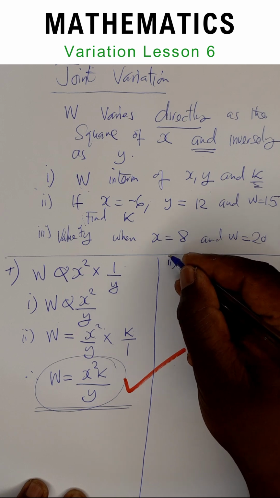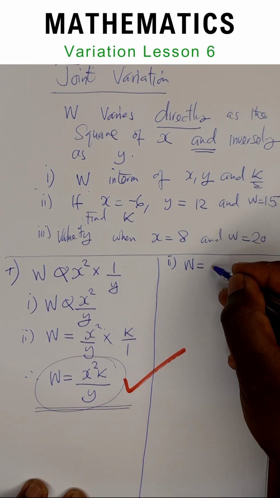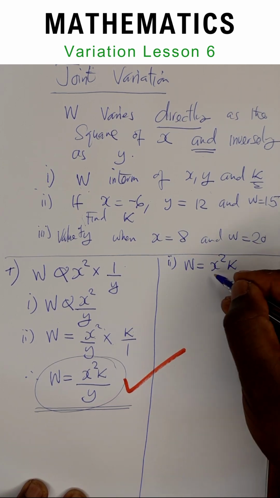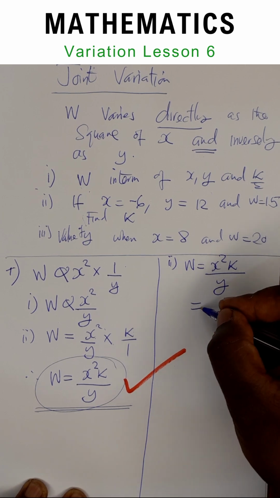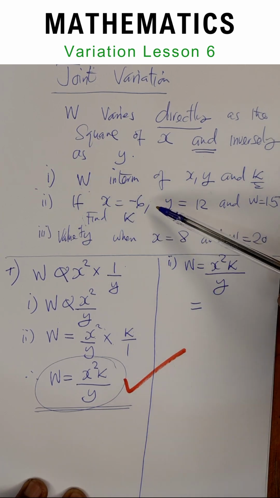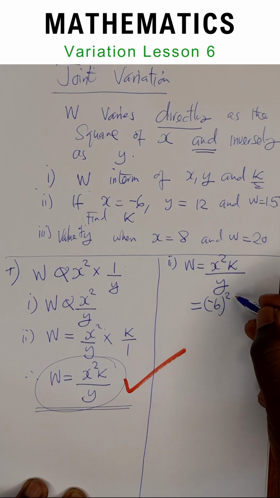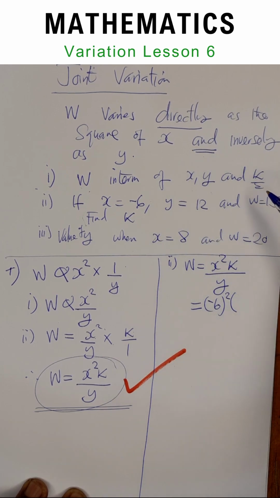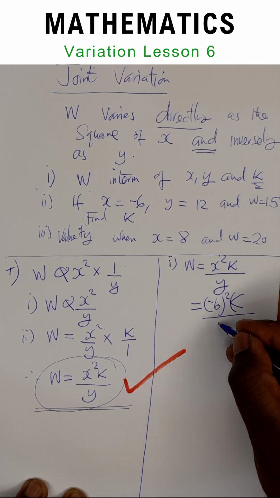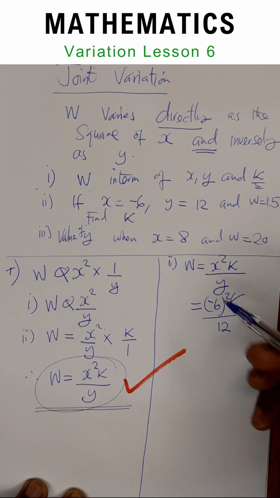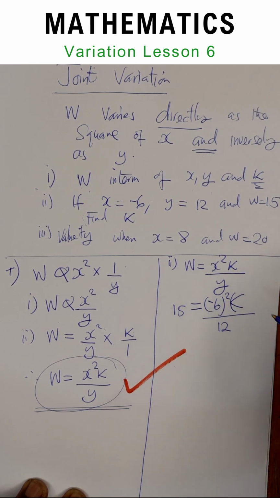W is equal to x squared k over y. If x is equal to -6, so -6, which is x squared, and then our k, we are the one finding the k, so k we don't have it, over our y is 12, and then we have our W, which is 15.